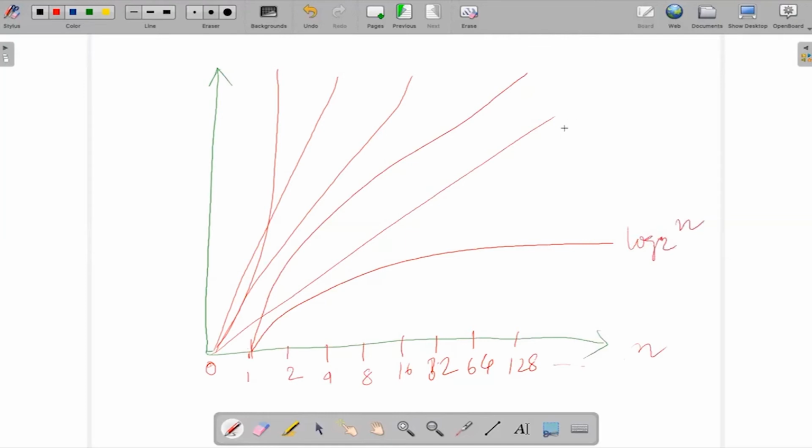The drawing is perhaps not perfect, but I guess you get the idea. So you see, eventually at some value of n, log 2n is going to be better than n, and n is going to be better than n log n, and so on and so forth.